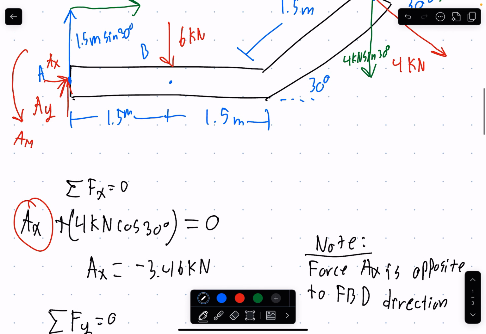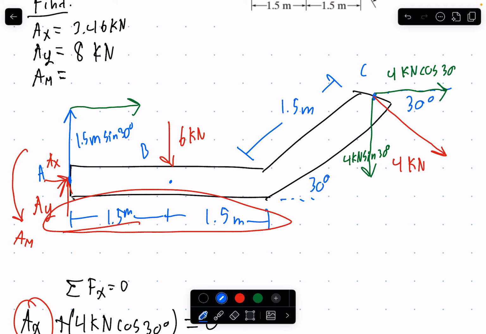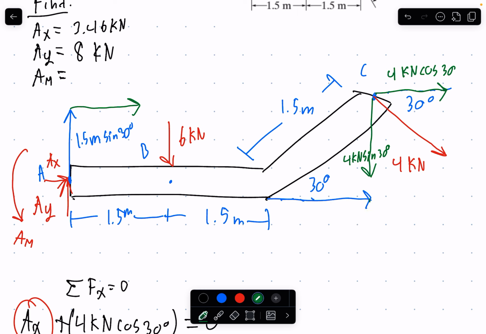Okay. And then for the vertical component, we'll do the same thing. But this time we have to add up the distance right here with the component here in the triangle. Just slide it. Should get something like that. And we know this is going to be 1.5 cosine 30 meters.